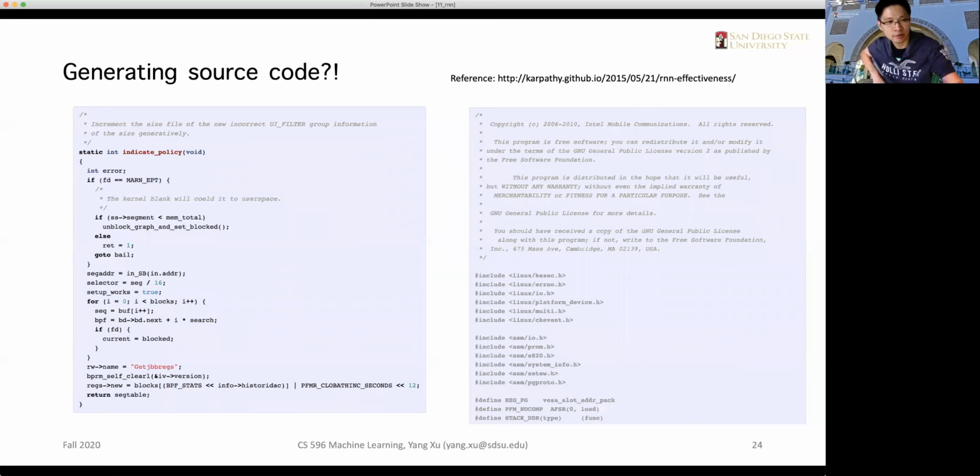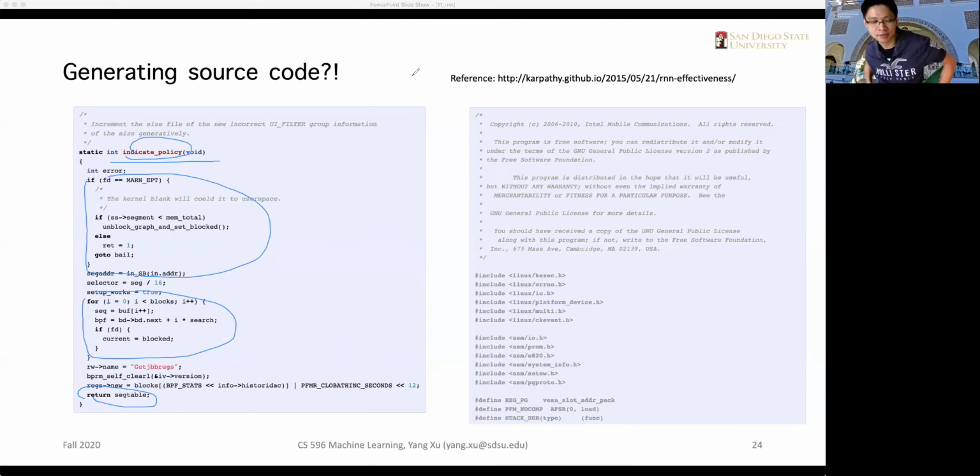Okay, and it is able to generate some functions, like these function names, in a pretty authentic style, right? It has for loops generated, it has if-else branches generated, and the return is also generated. So it's quite interesting, but I'm wondering whether this code can compile or not, right? Not sure nowadays what the state-of-the-art model can do for source code generation.